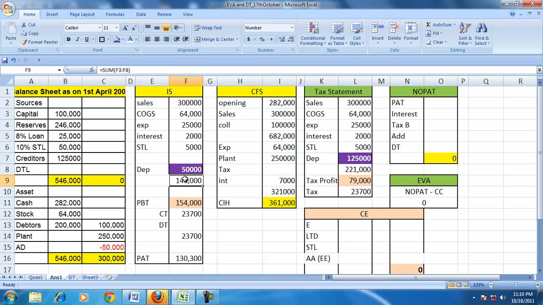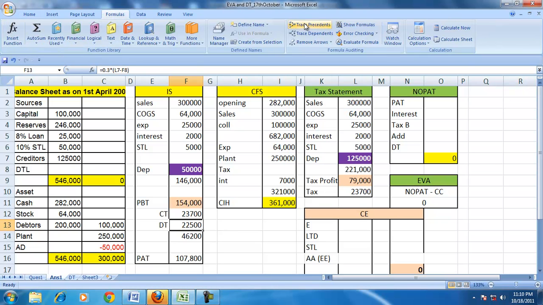Whenever the accounting profit is not the same as the profit for taxation, we have to calculate the deferred tax. The deferred tax is a tax on the timing difference, and the timing difference is the depreciation here. So deferred tax in this case is 22,500. Let me recap. Whenever the accounting profit is not the same as the tax profit, the current tax and deferred tax have to be shown.